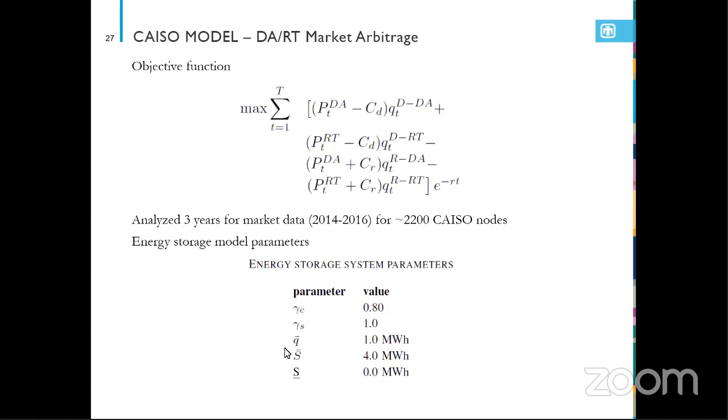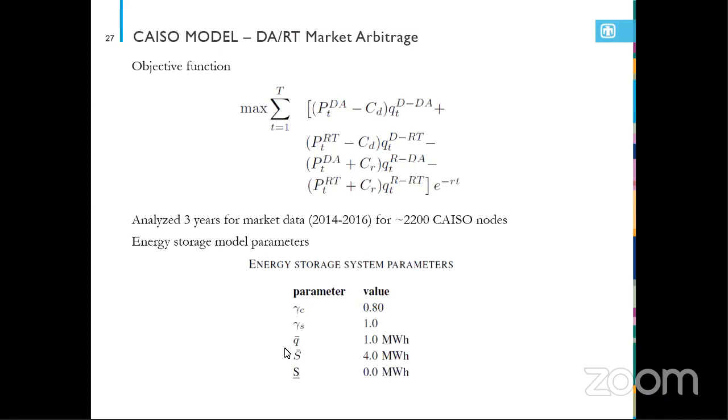You can model it as just having a total throughput for a system, and then each time you charge and discharge, you're using that throughput, and at some point you're going to have to replace the system. But that's still a pretty open area of research. There are different degradation models out there, but something people often don't consider is how the operation of their system for different grid services can impact the degradation.